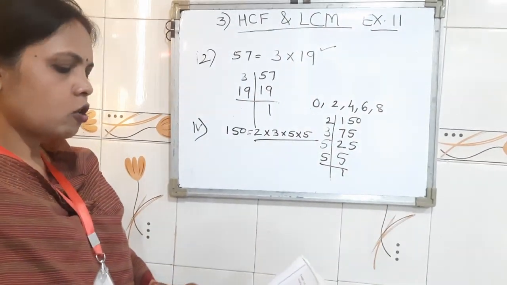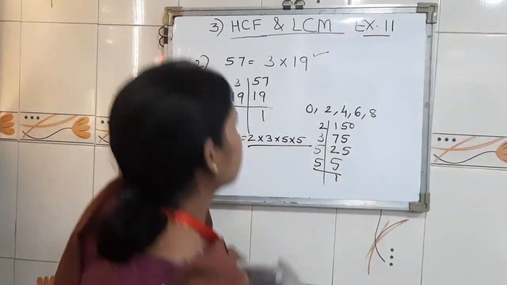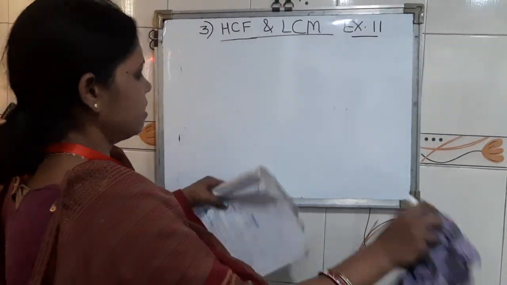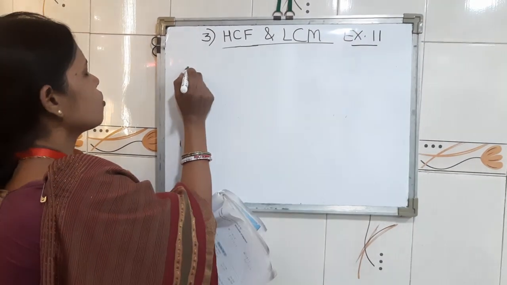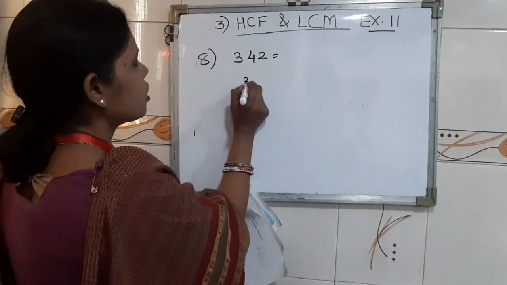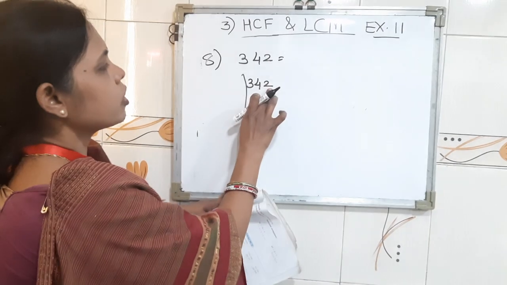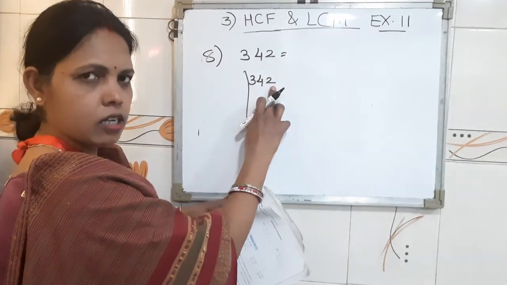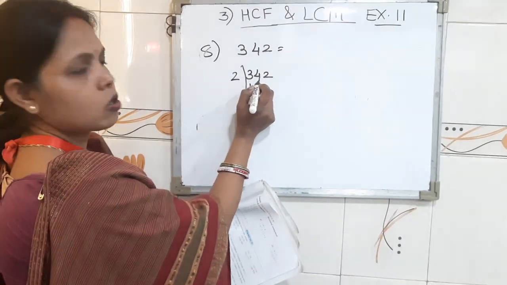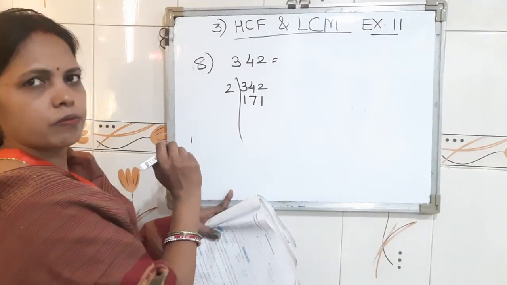Now we will move to our next number, that is question number 8, 342. For 342, first we will write the vertical method. Unit place 2 is there, so children, this number divides by 2. 2 1s are 2, 2 7s are 14, 2 1s are 2.